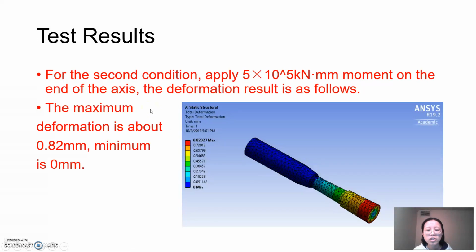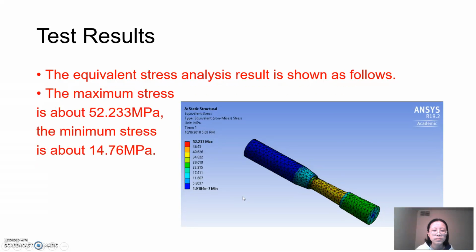For the second condition, I applied a 500 Newton millimeters moment on the end of the shaft. The deformation result is like this. The maximum deformation is about 0.82 and the minimum is about 0.